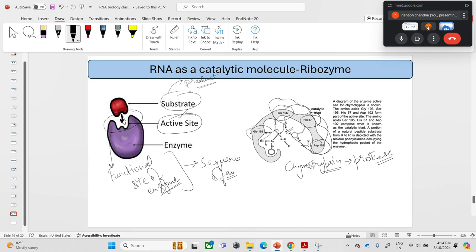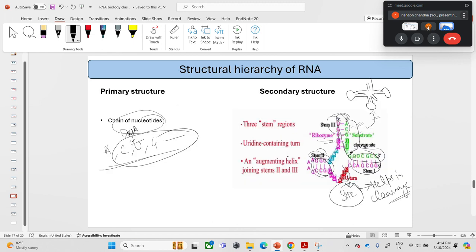And glycine 193 basically helps in positioning of the protein at the active site. So this particular active site is formed with the help of these particular amino acids. The sequence governs the formation of the active site. Similar is the case with the RNA molecule that we have seen here.